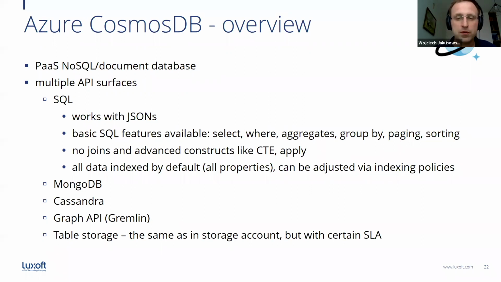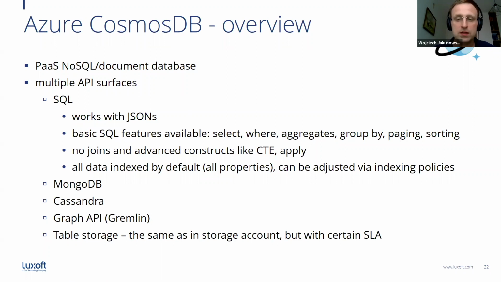And the most popular API is SQL, which operates on JSON files. It provides some basic SQL features like select, where, aggregates, grouping by, paging, sorting. However, some more advanced features like joins, common table expressions, apply, cross-apply operators, and windowing functions are not there.